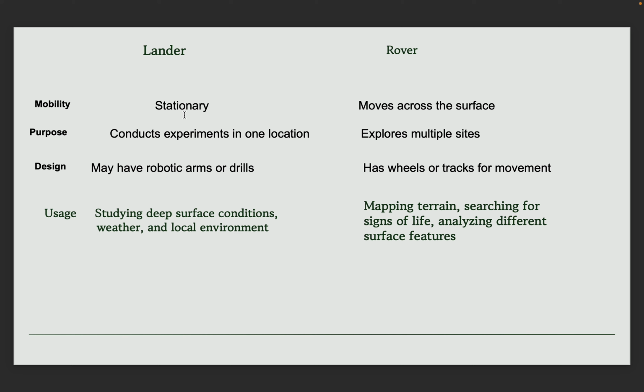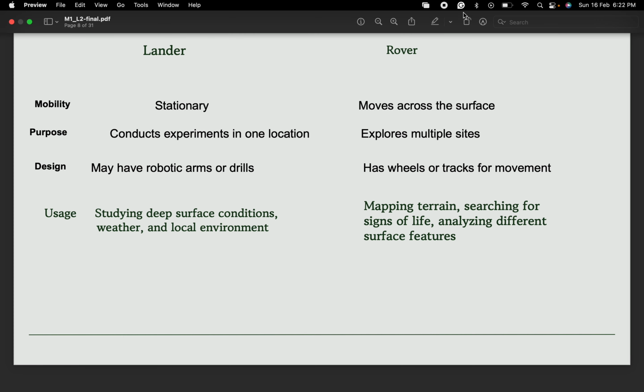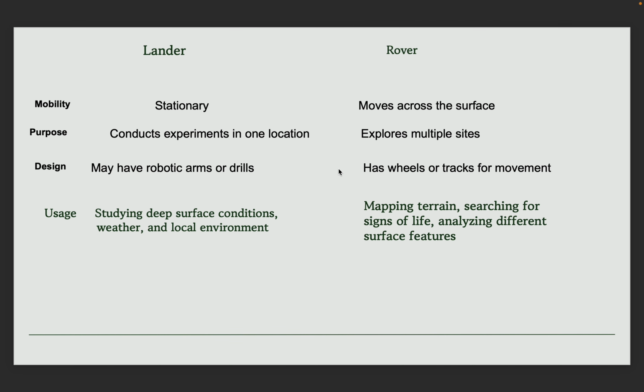But the rover will visit multiple sites on the planet and explore the planet just like a small baby. The design of a lander has robotic arms or a drill, so that it can drill the surface of the planet. But the rover has wheels or tracks which are movable, and the wheels and tracks are so strong that they do not get affected or broken on the surface of the planet.